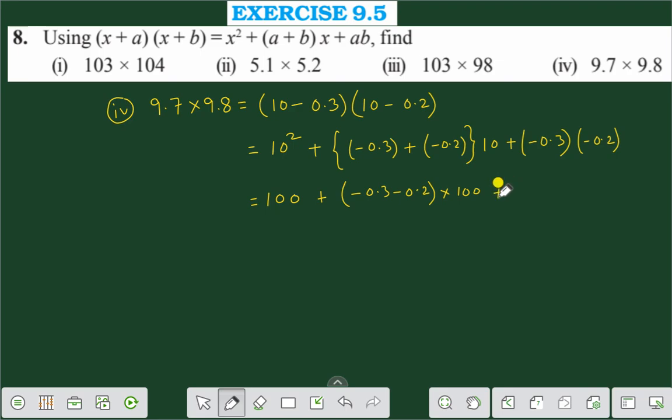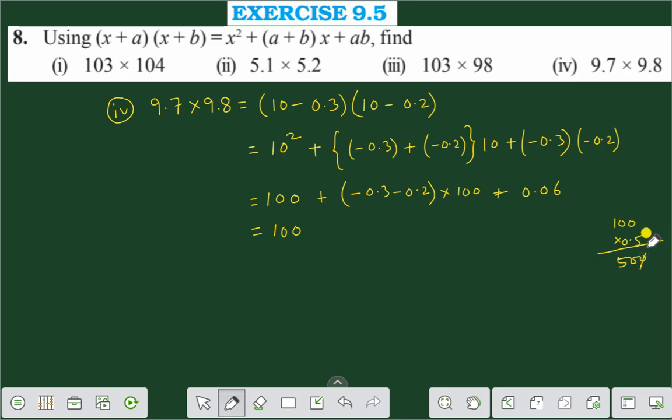Minus into minus is plus, 0.3 into 0.2 is 0.06. It is 10 actually, it is not 100.